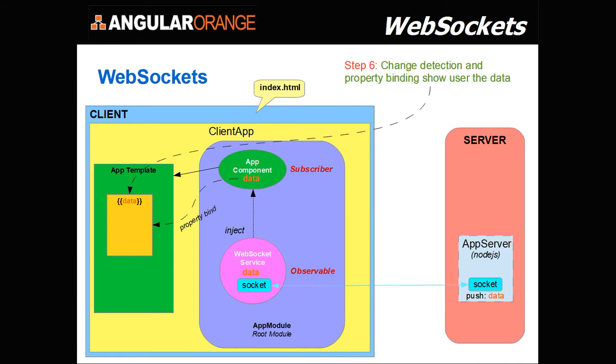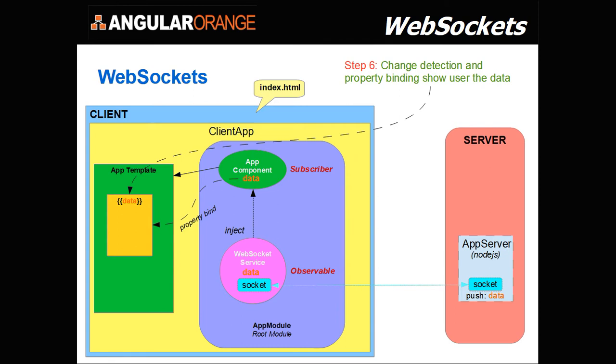Step 6, change detection and property binding show the user the data. Now notice, the data in the app component instance changed. The change detection and the property binding basically say change the DOM element value that corresponds to this markup fragment.